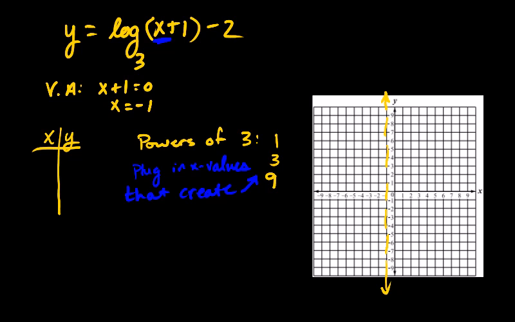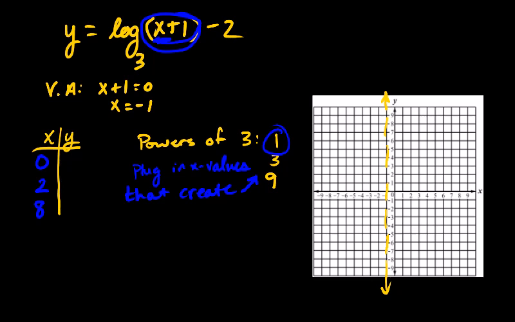You've got x plus 1 on the inside. What could I plug in for x that would create 1? That'd be 0, because 0 plus 1 is 1. What could I plug in that would create 3? That would be 2, because 2 plus 1 is 3. And what could I plug in that would create 9? That would be 8, because 8 plus 1 is 9.